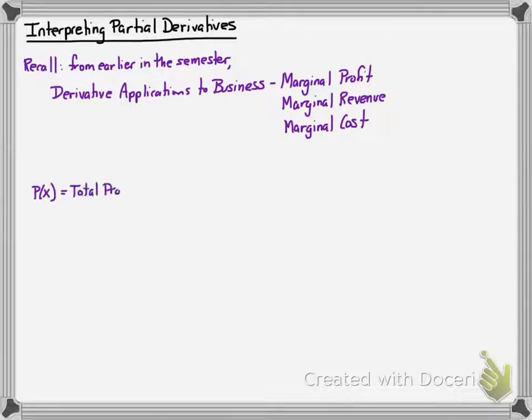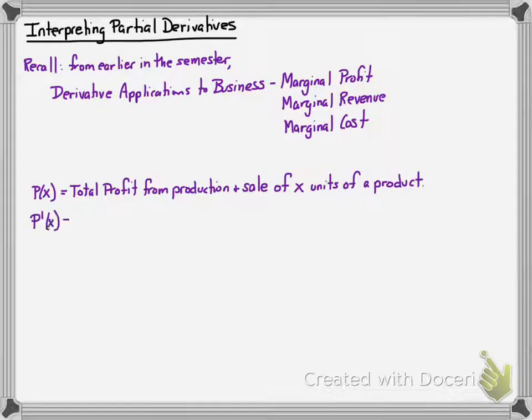Okay. So in particular, if we're talking about marginal profit, the p of x function is the total profit function from the production and sale of x units of a product, and p prime is our marginal profit.